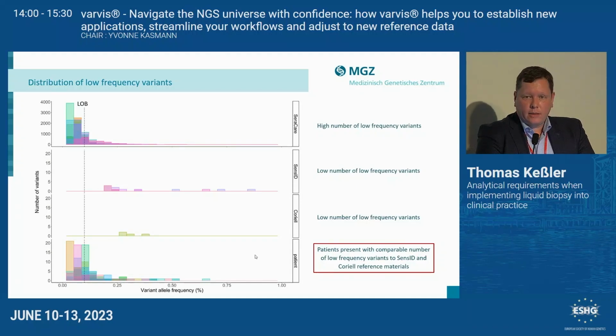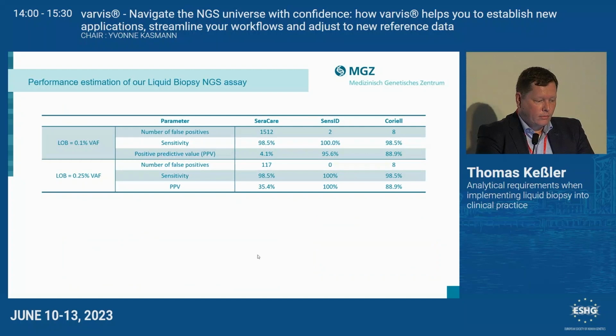And this can really be a problem if you want to be sensitive and you only use one material and not the other two. If you calculate, for example, the sensitivity or the positive predictive value of your assay based on these three different materials, you would have a completely different picture.